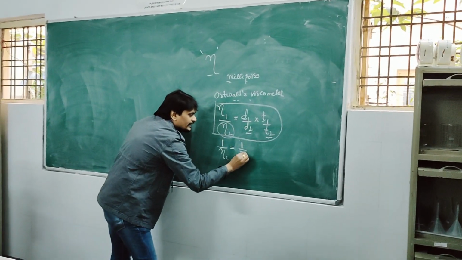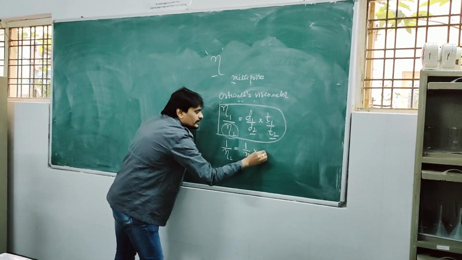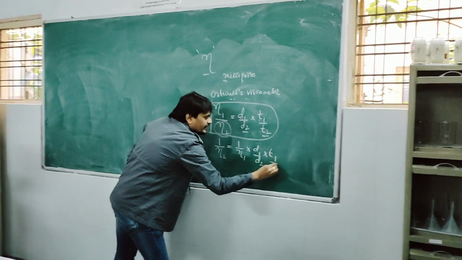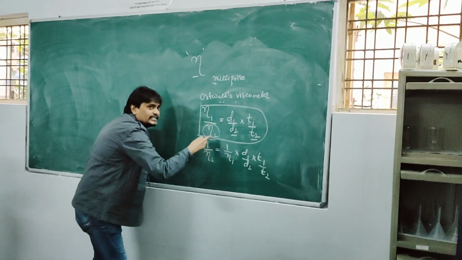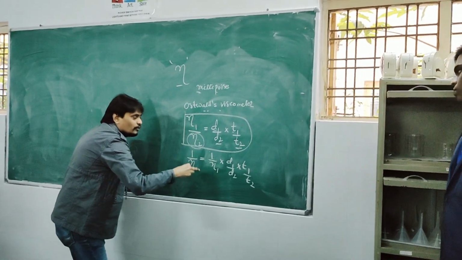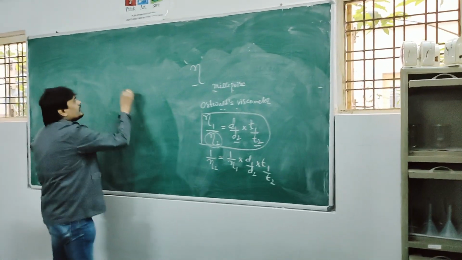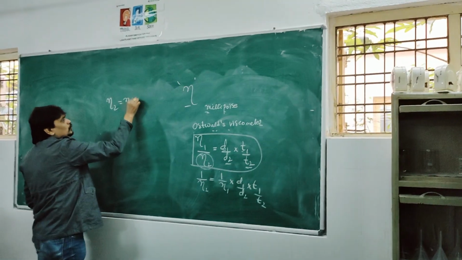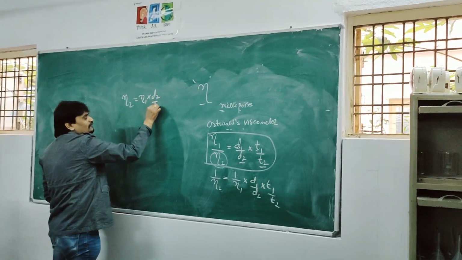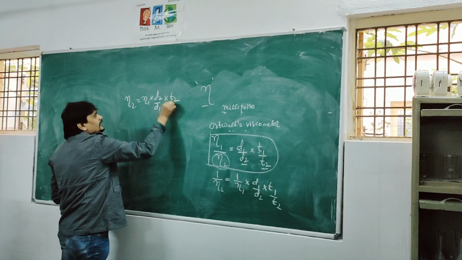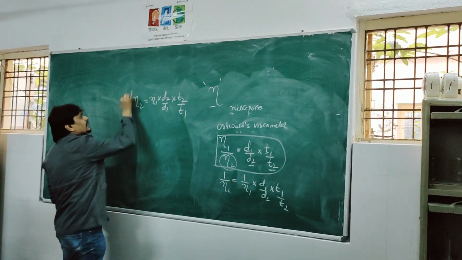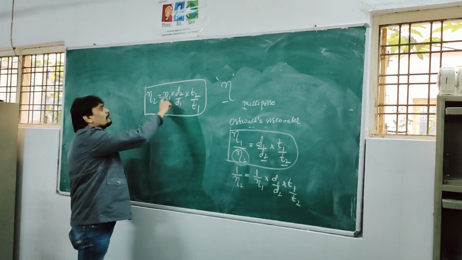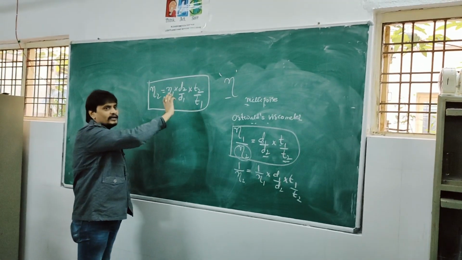So it is a reciprocal form. Now taking the reciprocal, eta 2 equals eta 1 into d2 by d1 into t2 by t1. With this mathematical expression, we can determine the viscosity of the unknown liquid.